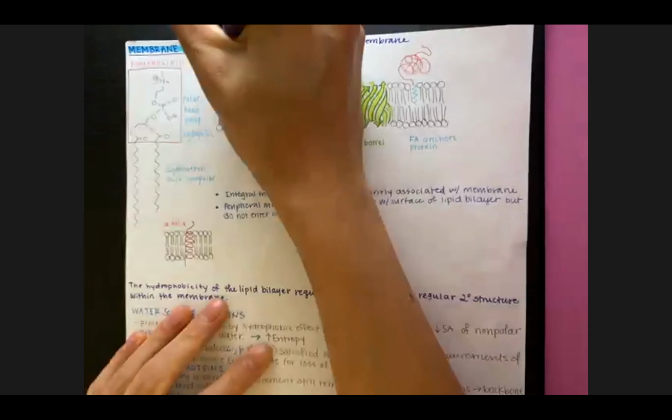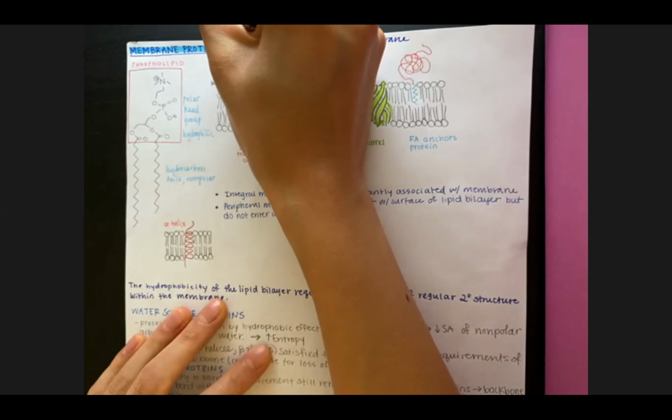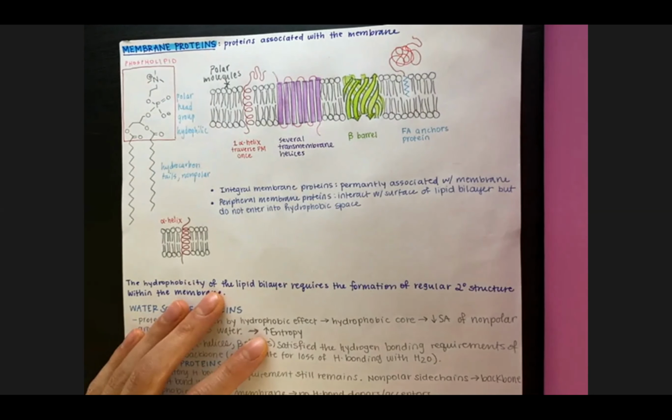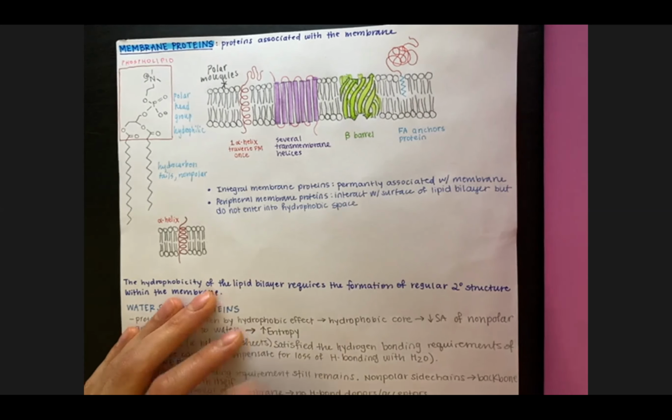So they're not going to go in there, and that's because if the polar molecules do try to get into the hydrophobic interior, they're going to lose the hydrogen bonding that they would normally have with water outside of the membrane. So it's going to be energetically unfavorable for a polar molecule such as water to cross the membrane.